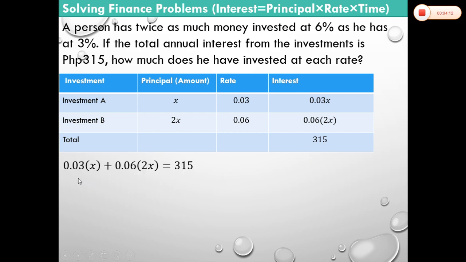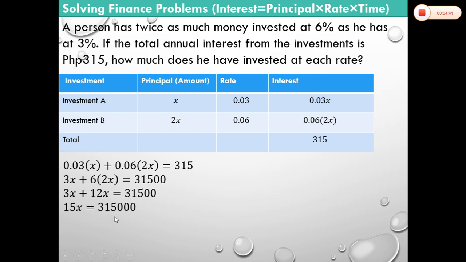The equation is 0.03x plus 0.06 times 2x is equal to 315. Multiply the whole equation by 100 to get 3x plus 6 multiplied by 2x is equal to 31,500. 3x plus 12x is equal to 31,500.